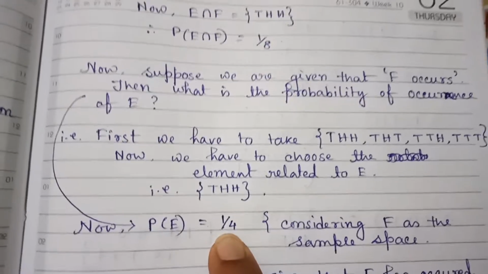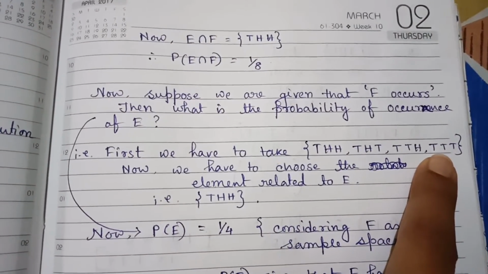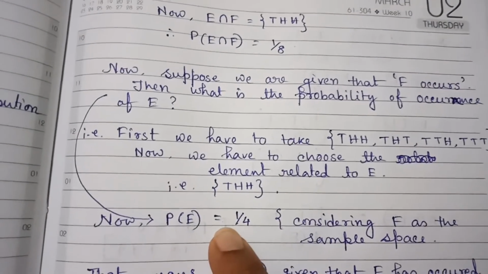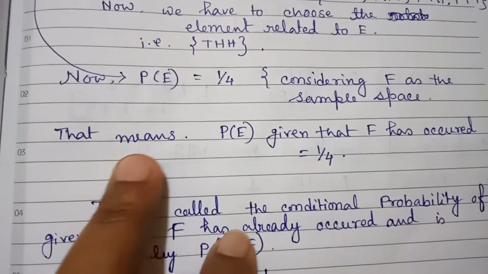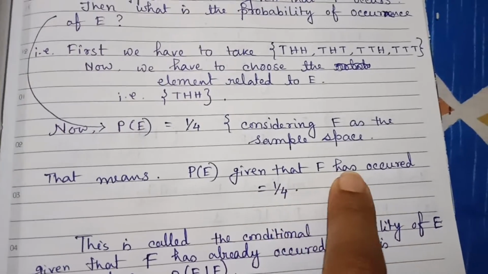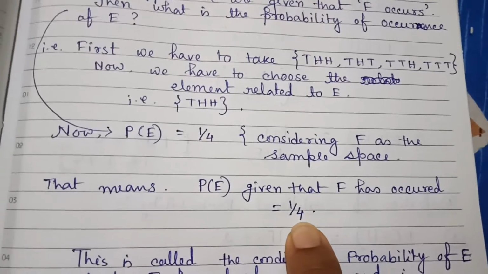And for that reason, 1, 2, 3, 4, that means 4 elements are there in the sample space F. So the probability will be 1 by 4. That means P of E given that F has occurred equals 1 by 4.